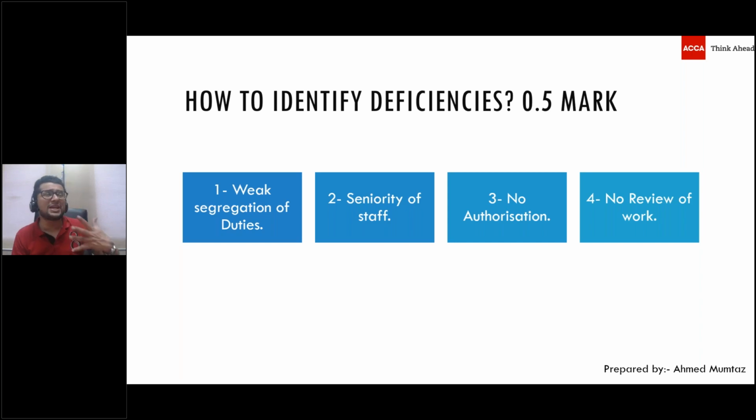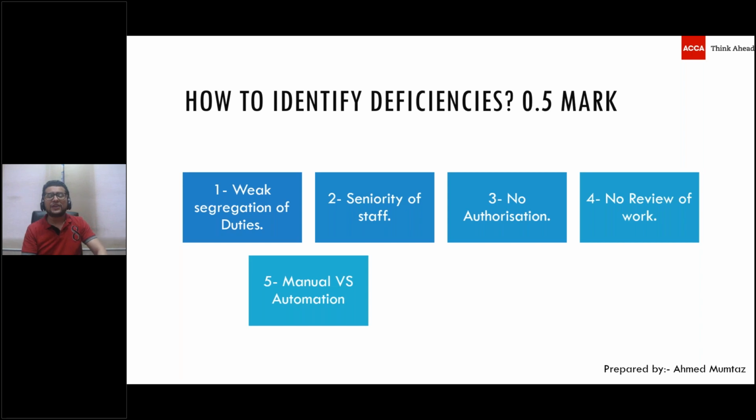Or if I am the purchase clerk and I am purchasing maybe non-current assets or raw materials, but I don't need any authorization whatsoever, this is what we call a deficiency. Why is it a deficiency? Because if no authorization of work is there, if no review of work is there, frauds or errors may go undetected.